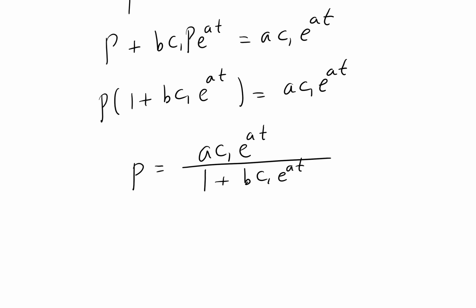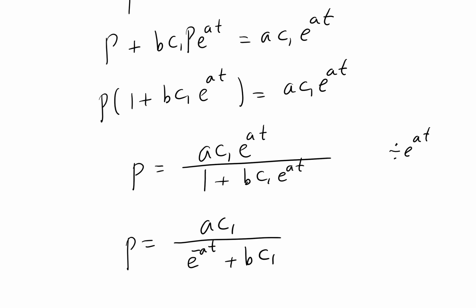Now within this equation, there are two exponential functions. To reduce it down to 1, we can divide each term on the right hand side of the fraction by e to the AT. So on the top, it cleans it up. Here, 1 over e to the AT is the same as e to the negative AT. And this cleans up the other one.